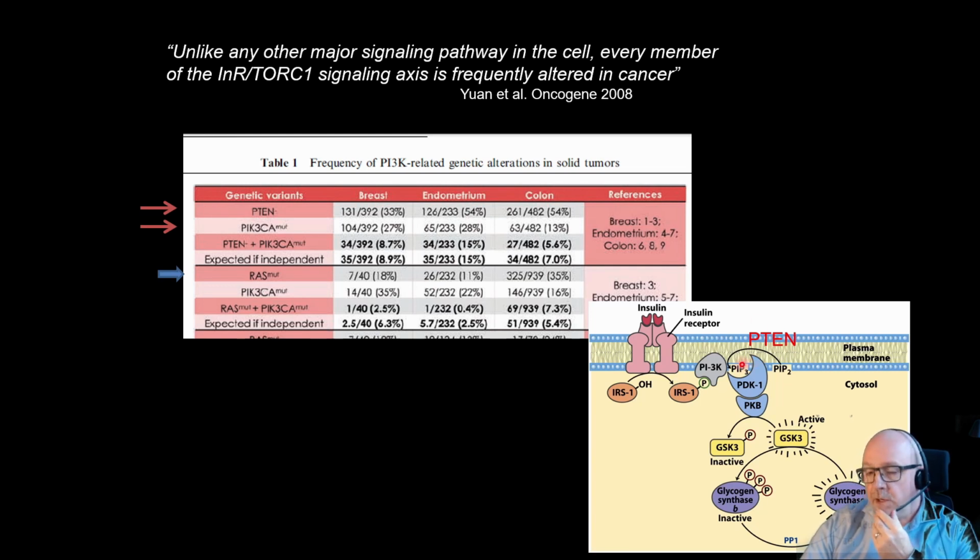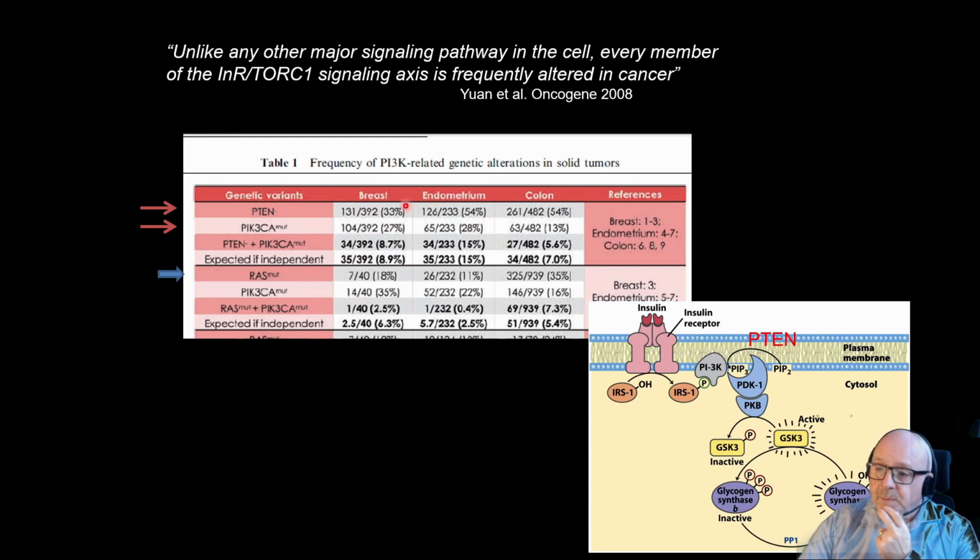You remember, it converted PIP3 back to PIP2, so it was a lipid phosphatase. PIP3 was downstream of PI3 kinase, which phosphorylates PIP2 to PIP3. This binds AKT and we get activation of downstream processes. PTEN opposes this, so PTEN mutation means you will have more active PI3 kinase signaling.